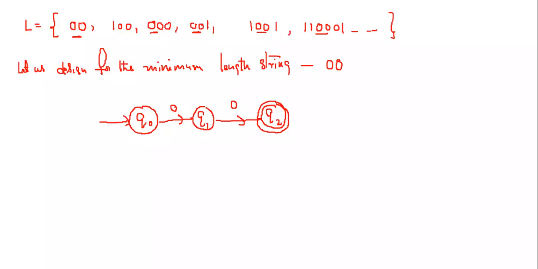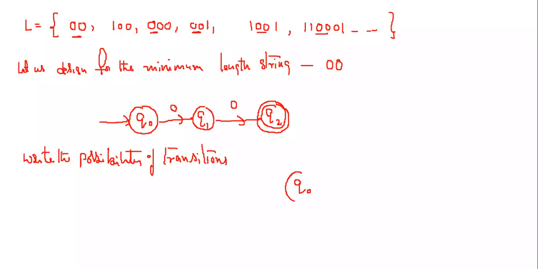Next, write the possibility of transitions. What you have taken: on Q0 we are going to 0; on Q1, we are going to Q2, and we are making Q2 the final state.